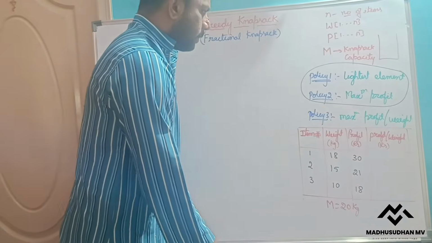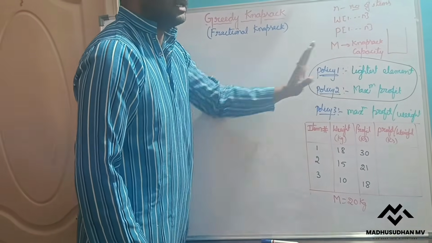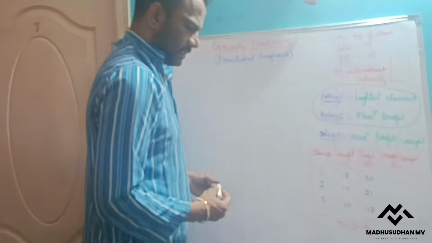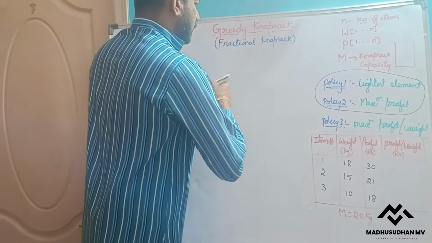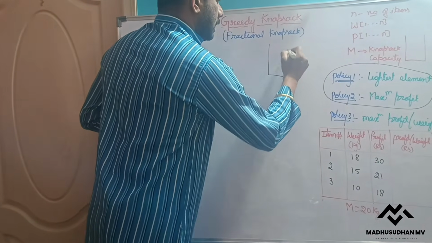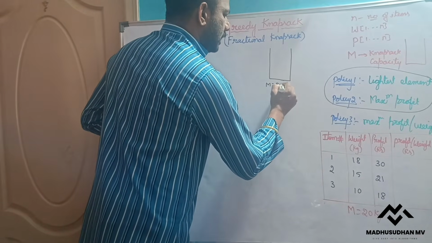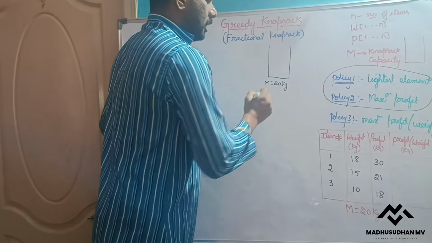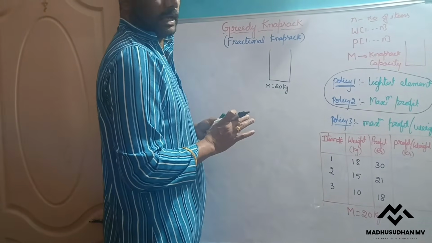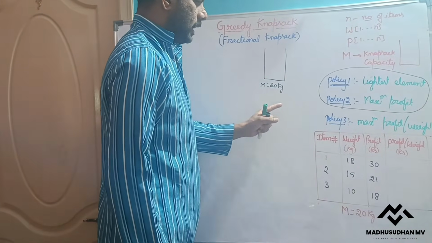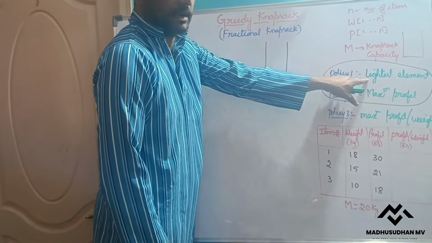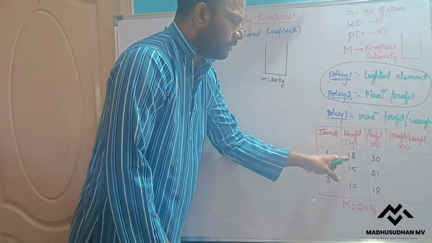Now let us apply the first policy, the lightest element. Assume this is my knapsack, with a capacity of 20 kg, initially completely empty. Out of these, which is the lightest element, the one with the least weight?